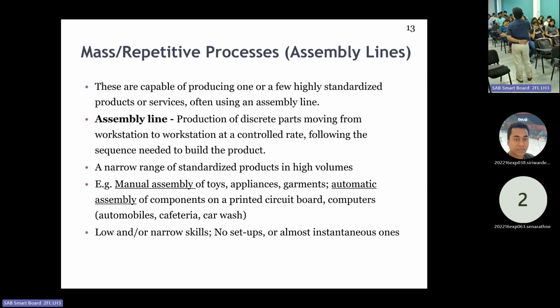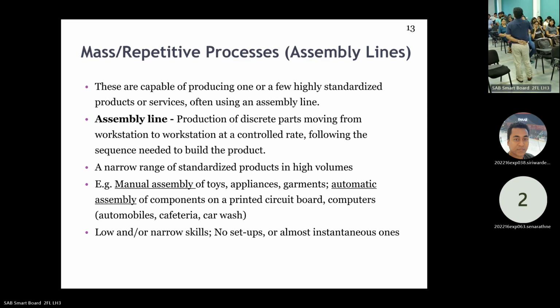Why? That is the main reason. And it was based on that economic concept you are familiar with: division of labor, introduced by Adam Smith, which laid the foundation for economics.